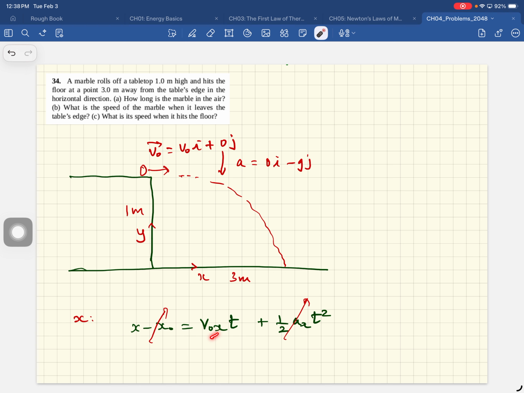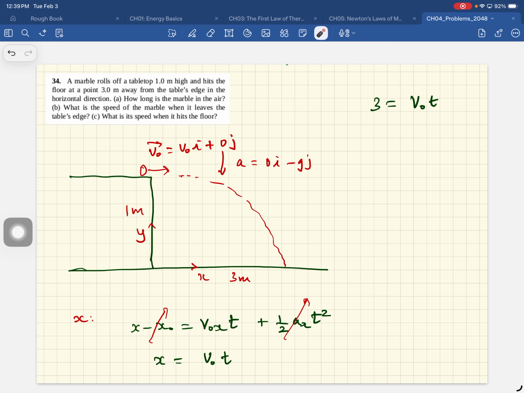What is the initial x component of the velocity? We call that v naught. Okay. So x equals v naught t. All right, this is 3 meters. So 3 equals v naught t.